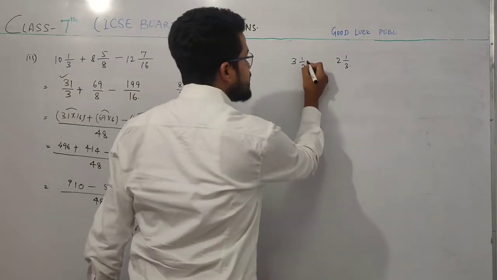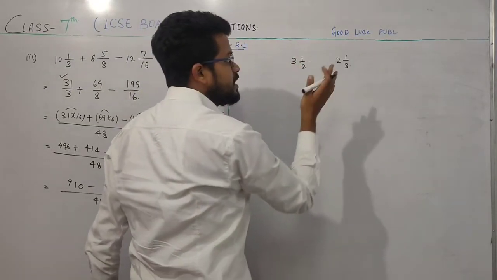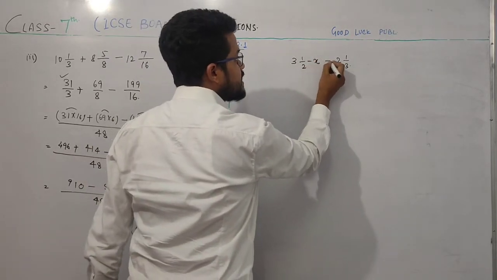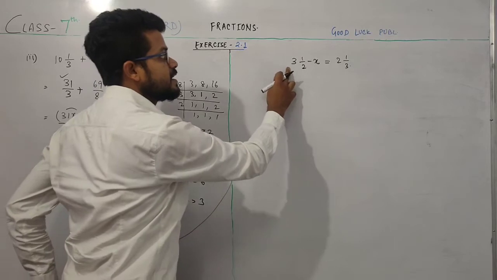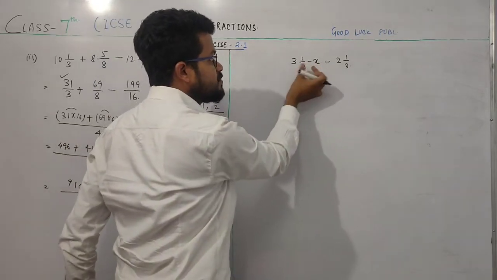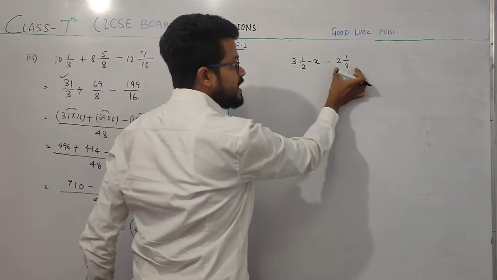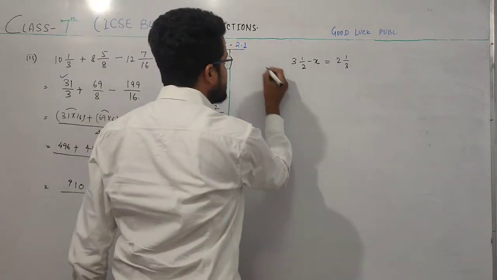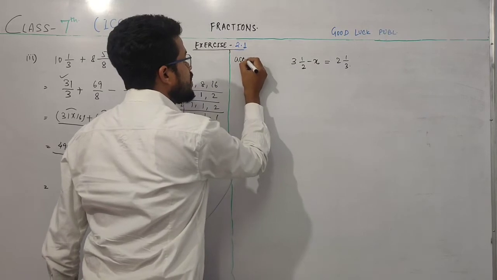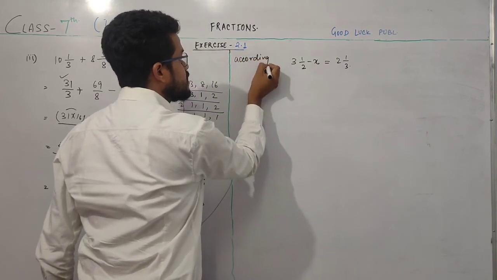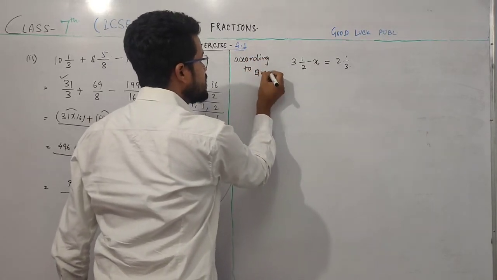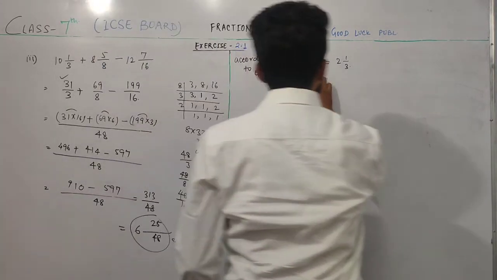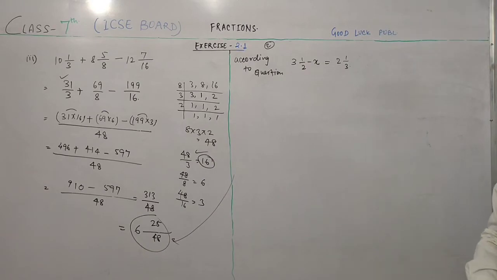I don't know how many chocolates I gave to my brother, so I subtract x here. I have taken x from this value, so it leaves 2 1/3. So, according to the question, 3 1/2 minus x is equal to 2 1/3.